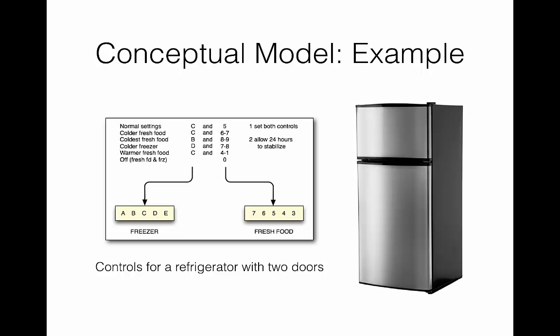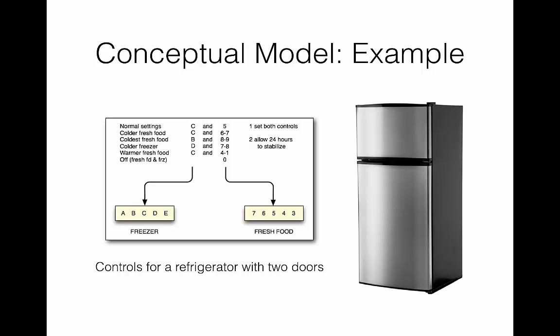One is labeled freezer, and one is labeled fresh food. The control labeled freezer has settings that go from A to E. The control labeled fresh food has settings that go from 0 to 9. And the instructions you see in this slide are the instructions on the inside of the refrigerator near the controls.